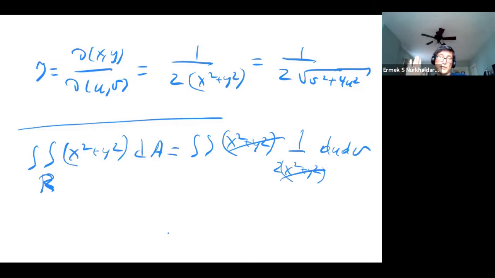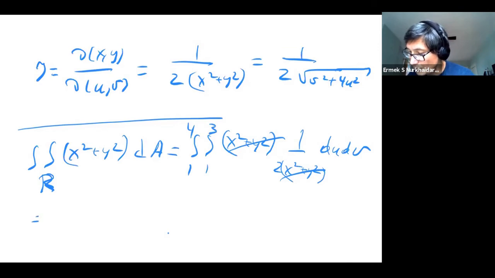If the integrand were just x squared or y squared or just x plus y, then we'd have to do that. And for the limits of integration, you remember we had x squared minus y squared equals 1 and x squared minus y squared equals 4. So we have v changing from 1 to 4. u was equal to x times y, and our limits were x times y equals 1 and x times y equals 3, so we have 1 to 3.